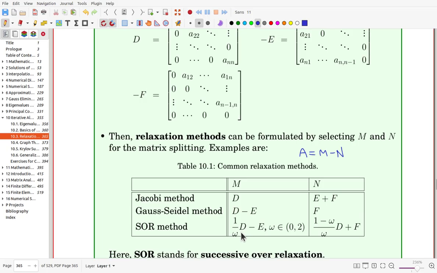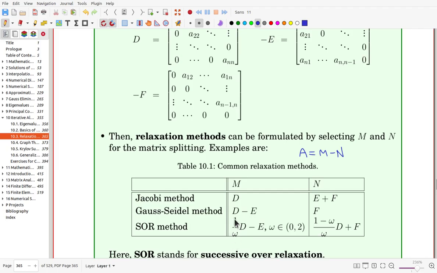Usually for SOR, successive over relaxation, omega is chosen between 0 and 2, but omega is usually larger than 1. In fact, if it is smaller than 1, then it is called successive under relaxation. For successive over relaxation, omega is larger than 1.